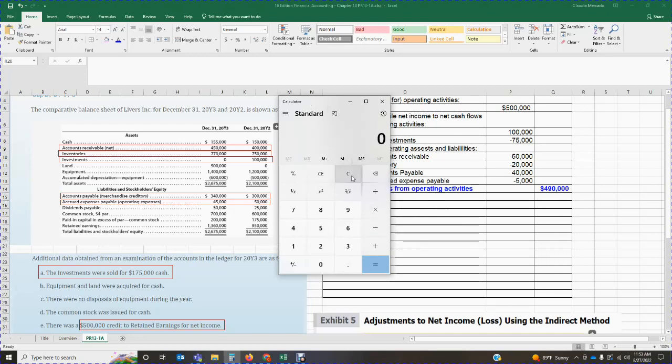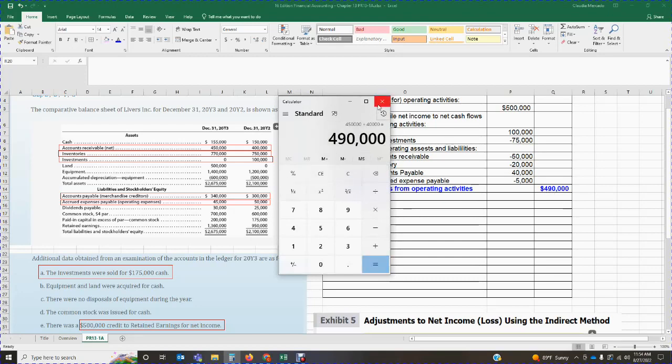Let me see, did I do it right? It's 500,000 plus 100,000, that's 600,000. Minus 75,000, minus 50,000, minus 20,000, minus 5,000, plus 40,000, and that gives me 490,000.